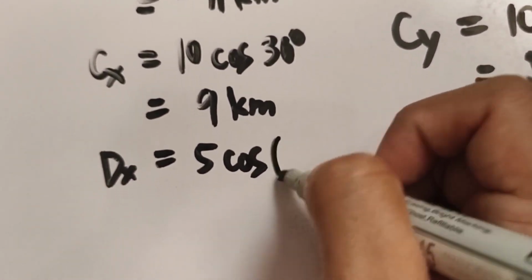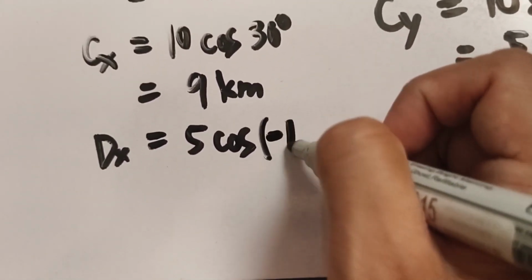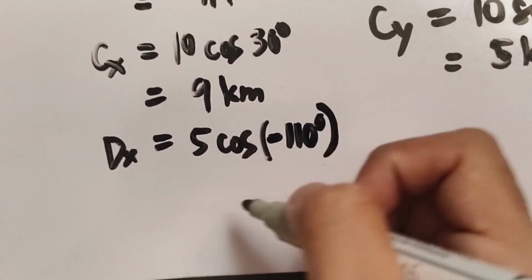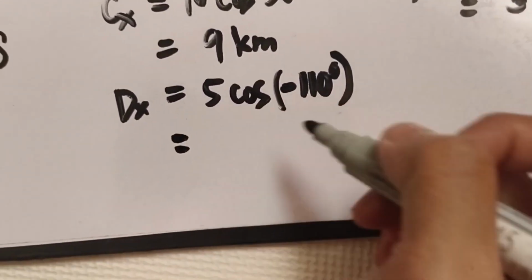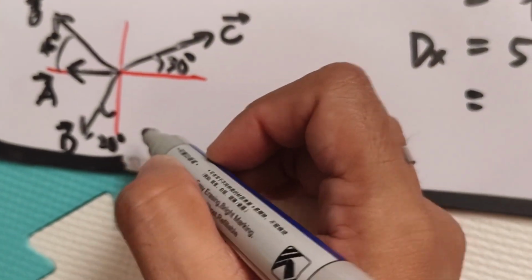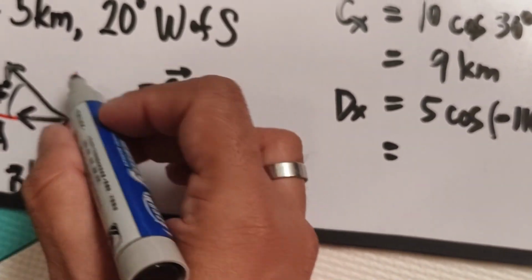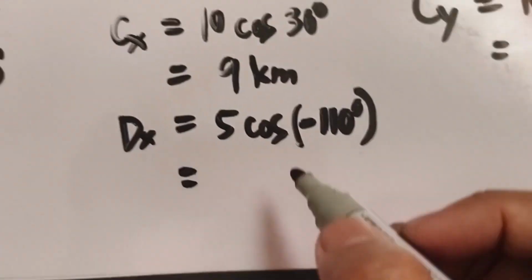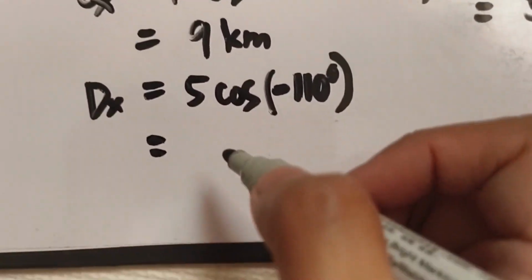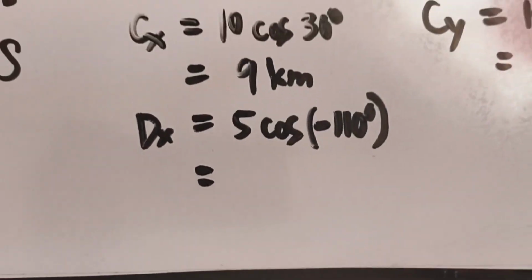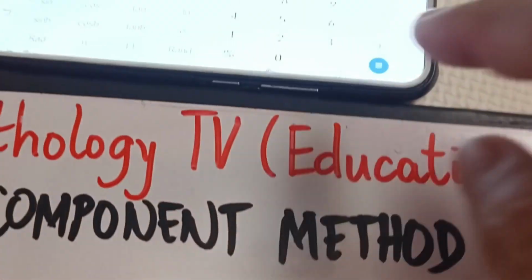Okay, cosine of negative 110. Wag mong kakalimutan yung negative, kasi pag hindi mo nalagay yung negative dyan sa angle, dahil alalahanin mo clockwise yung rotation mo, so kaya negative. Pero kung 250 ang ginamit mo, wala ka nang ilalagay na negative dyan. Okay, so papakita ko sa inyo na pareho lang yung sagot. Okay, alright, so 5 cosine of 110. Punta muna tayo sa pag-compute.